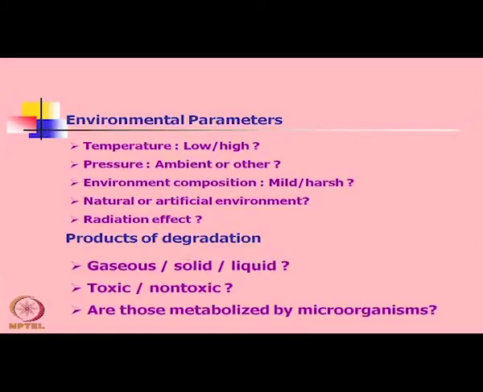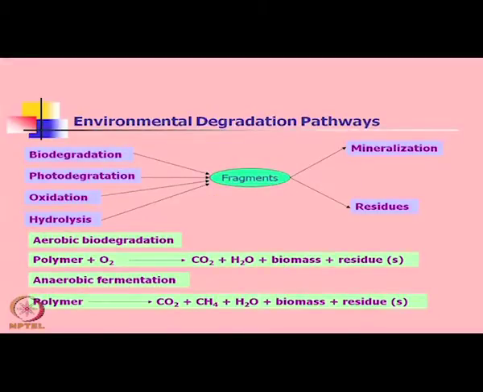Products of degradation, that can be gaseous product, solid product or liquid product. It can be toxic or non-toxic, and we have to think whether such products could be metabolized by microorganisms or not. We have to think, then we must find out a suitable means by which the polymers can be degraded.